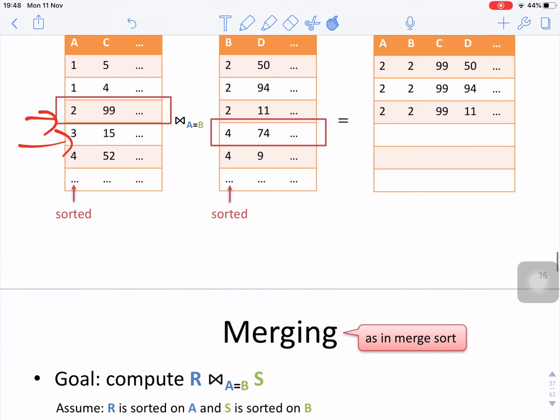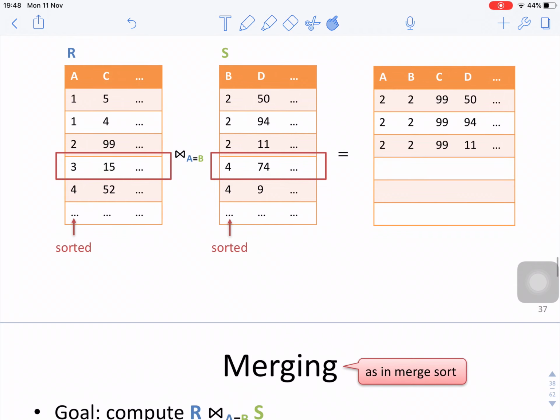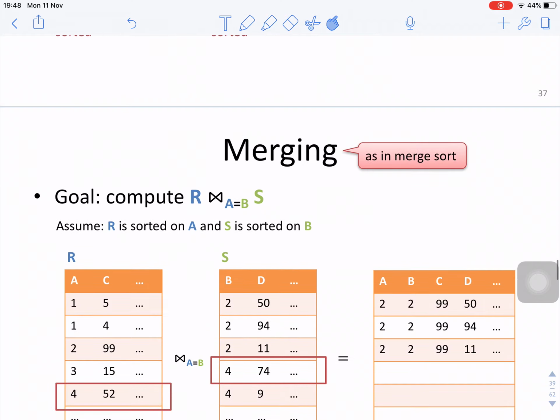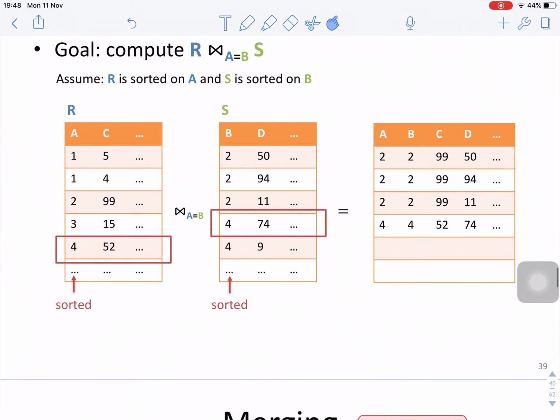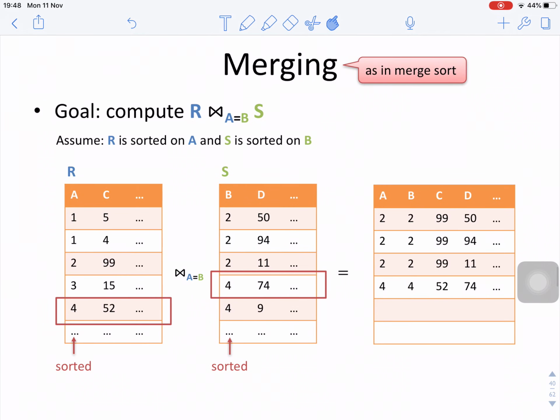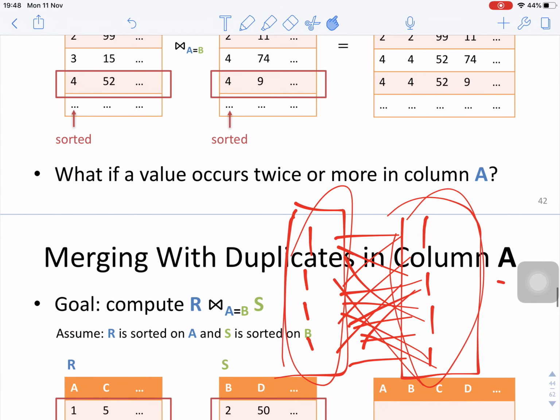We keep moving further on this one, and we get this one here. Therefore it goes through once, and it is much better.